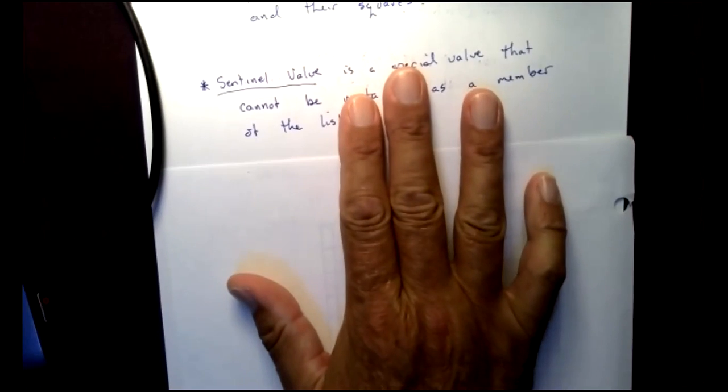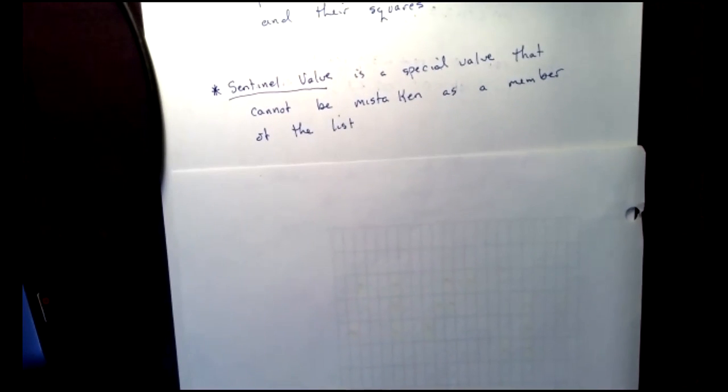And I want to talk about something called a Sentinel value. A Sentinel value is a special value that cannot be mistaken as a member of the list. So sometimes I'm going to be asking the user to input numbers. And the problem is I don't know how many values the user is going to enter. So I need a value that is unique, so that when they enter it, I know that they no longer want to enter any more numbers.